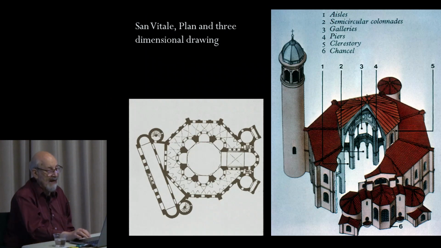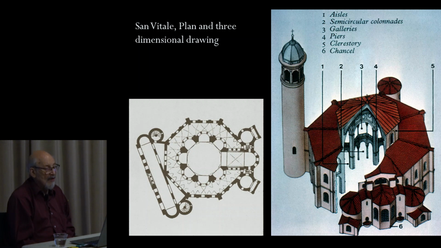Look at the plan. You will see that it's an octagon within an octagon. There's an aisle running all the way around the inner octagon, which is penetrated by 8 arches, and 7 of them are linked by 3 columns with arches.